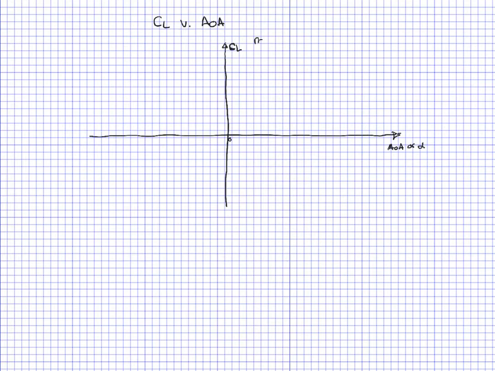So for a non-symmetrical airfoil, also known as a positively cambered airfoil, the CL versus alpha graph is going to look something like this. And you see that this peak up here is going to be your critical angle of attack, so this is alpha critical.